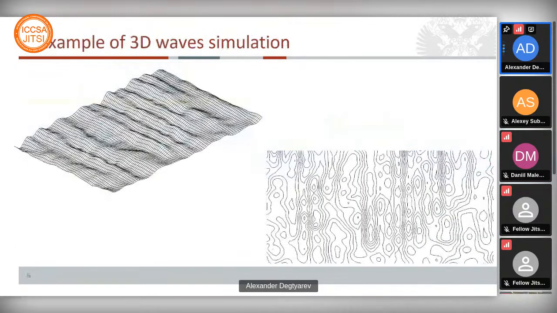And here you see an example of three-dimensional wave simulation. Such a model allows us to calculate hydrodynamic pressure at any point under the free surface at any time. This result made it possible to realize the Froude-Krylov model for calculating external forces and ship motion simulation.